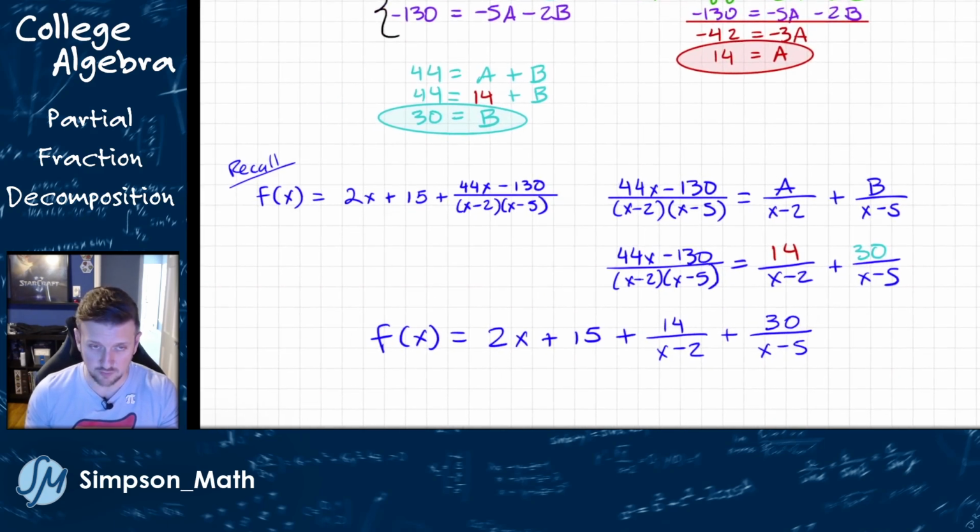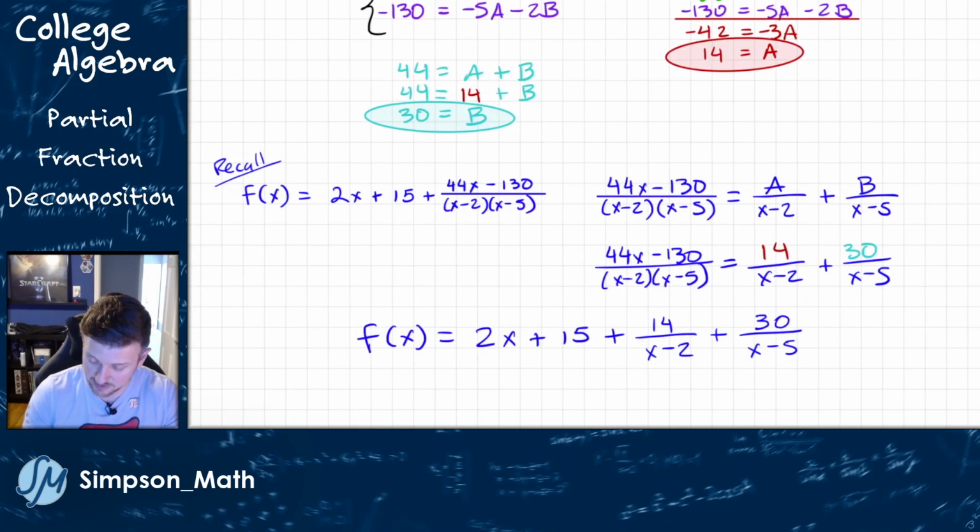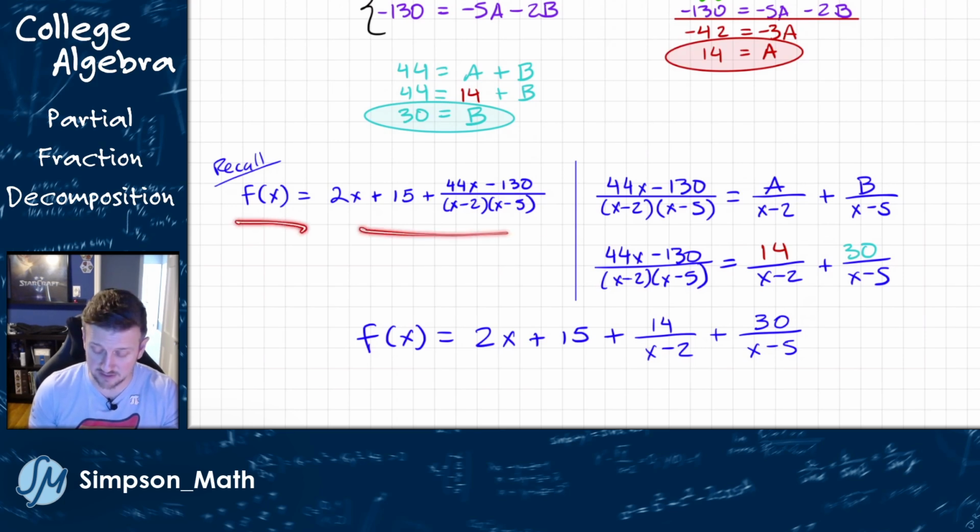All right. Recall also that the function is all of this. I just focused in on here and saw what it equals, so I'm going to replace this with what it equals.